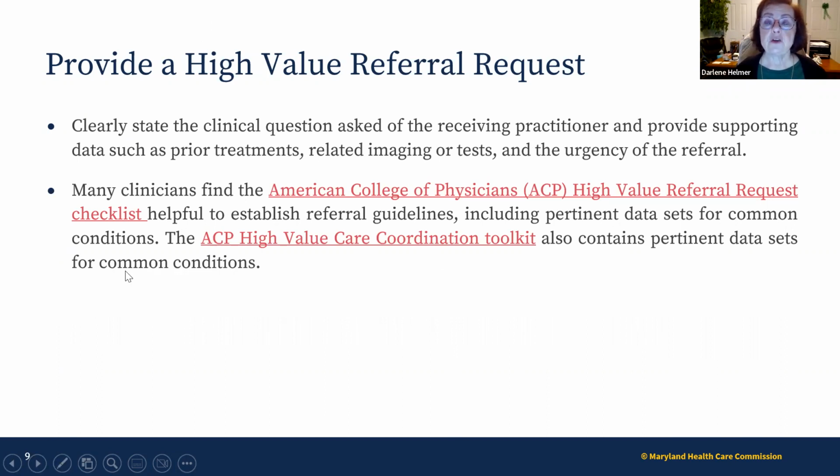Providing a high-value referral request. It's really important to provide that really high-value referral. So make sure you state the clinical question asked of the receiving practitioner, and provide supporting data like prior treatments, related imaging, or the urgency of the referral.